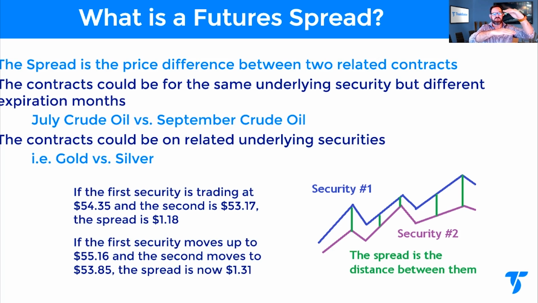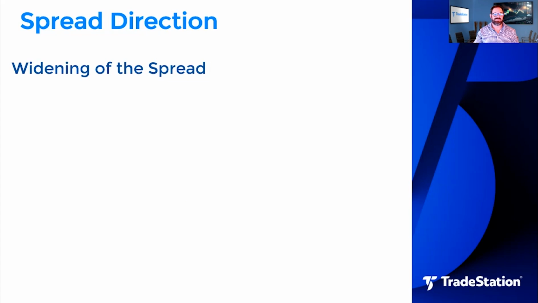Well, the difference between those two, $55.16 and $53.85, is now $1.31. The spread widened from 118 to 131. That's what you're trading. And the profit would be the difference between $1.31 and $1.18. So that's a widening of the spread.